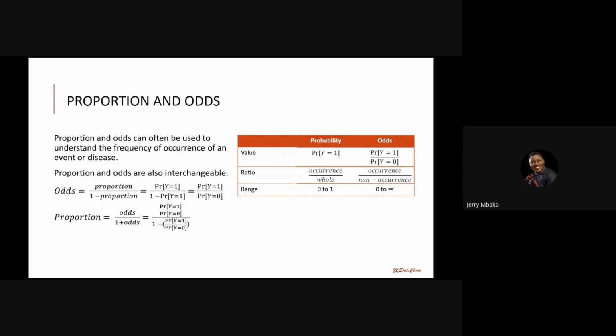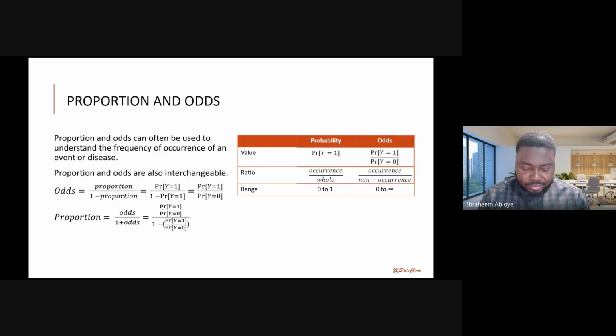If we have 100 in our sample, and 30 of the people have systolic blood pressure above 130, that will be 30 divided by 100, so a proportion of 30%. That's very good. Any other examples?